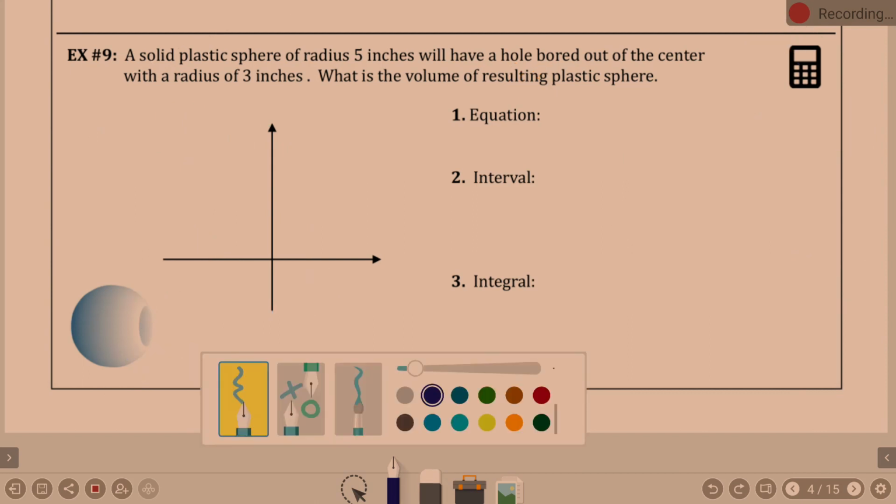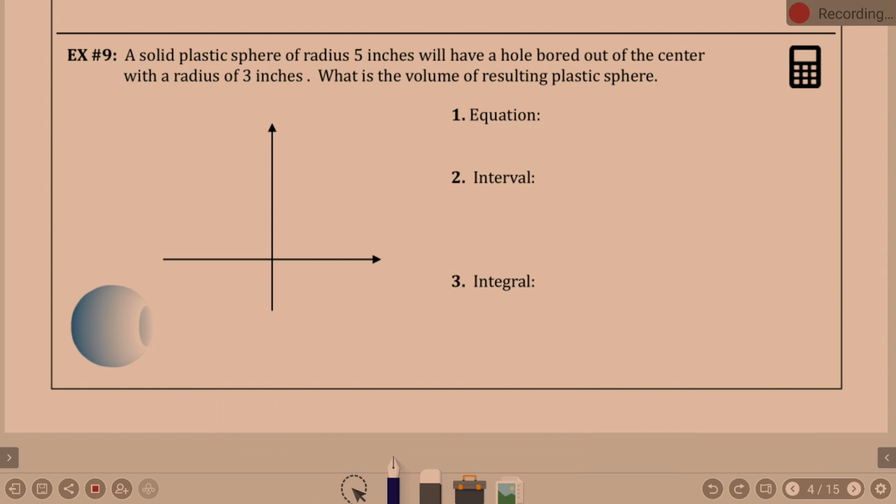A solid plastic sphere of radius 5 inches will have a hole bored out of the center with radius of 3 inches. What is the volume of the resulting plastic sphere? Okay.